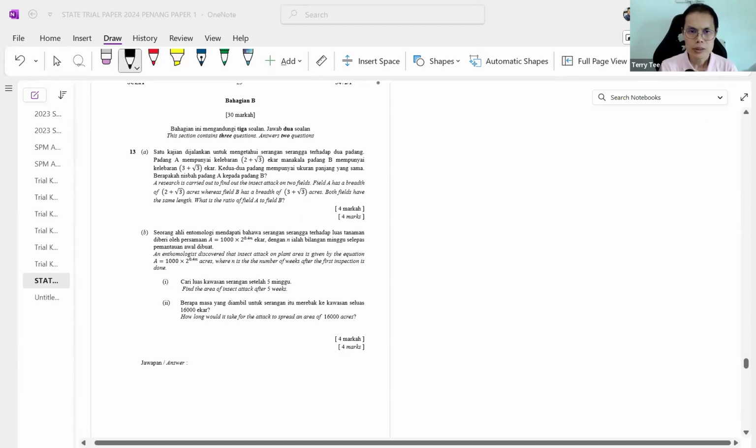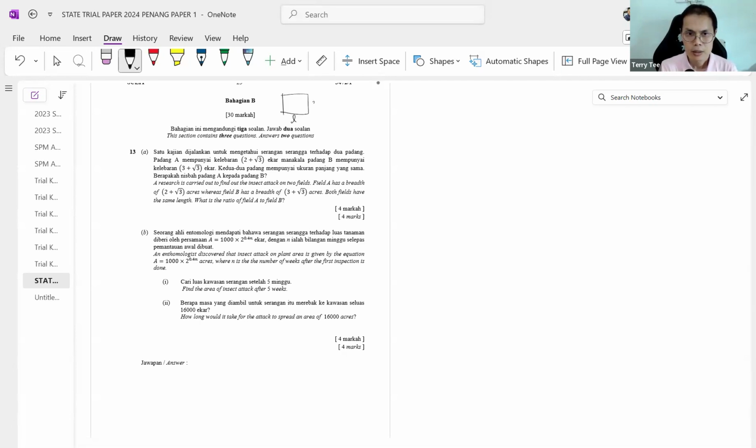So remember, length times breadth, they have the same length. But field A has width of 2 plus surd 3. Field B is actually wider. So I draw like this. Okay, sorry, my length is not long enough. Maybe I draw further, like this is L as well, but this is 3 plus surd 3.